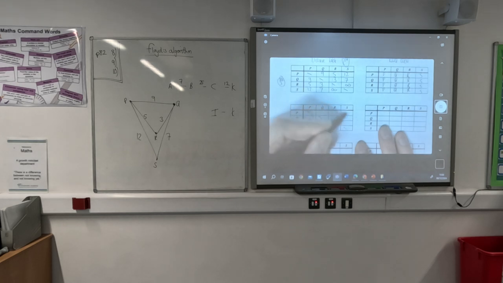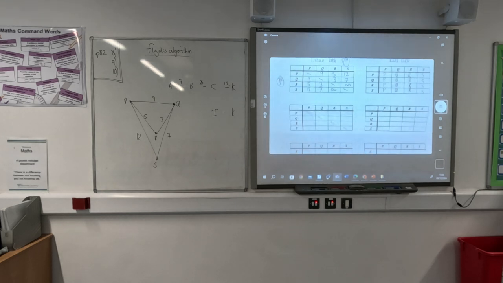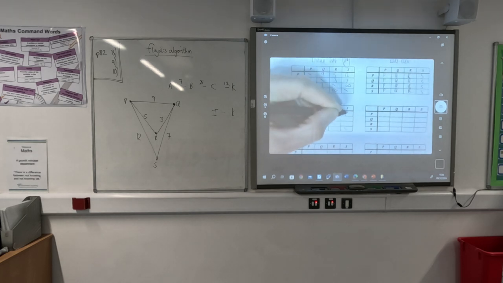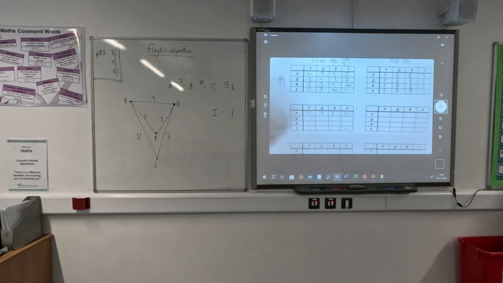And I'm going to fill those numbers in as they are from above. So no number there. 9, 5, 12. Sorry, that's not very clear, is it?